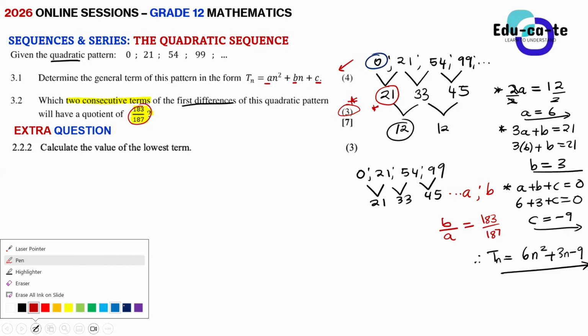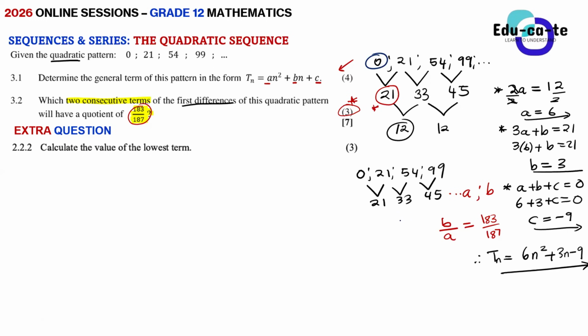So I think we can say that they're saying the quotient of these two consecutive terms of the first differences. So we are focusing on the first differences. The first difference is an arithmetic sequence. So we know that these two term values must be found along this arithmetic pattern.